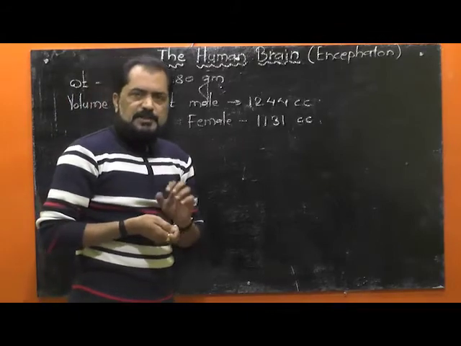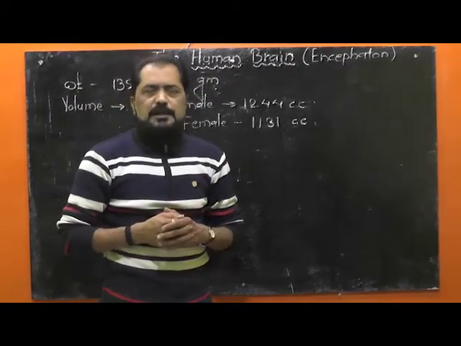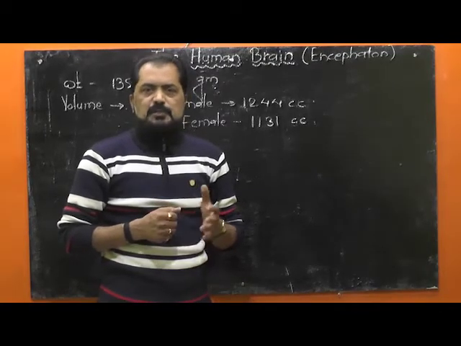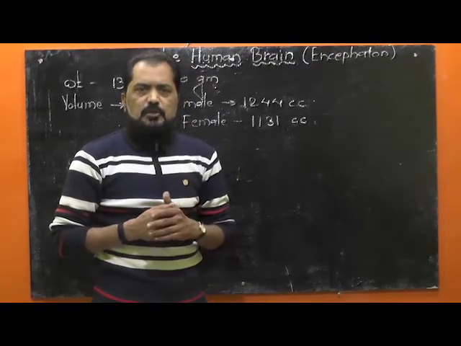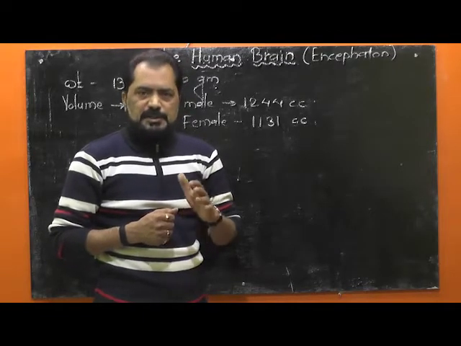The largest size of brain is near about 1499, and the smallest size of brain in human being is near about 1053 cc.